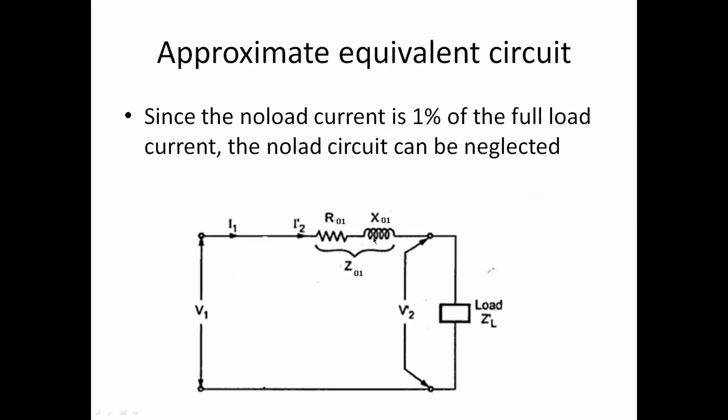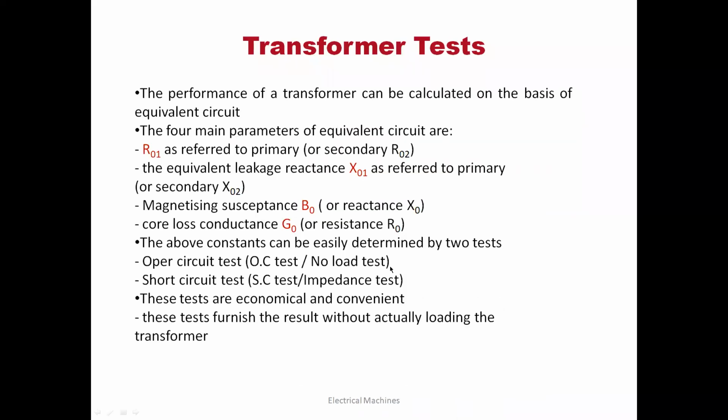Then, approximate equivalent circuit. What tests do we do to calculate the performance of the transformer on the basis of the equivalent circuit? First we measure the winding resistance, then we do the open circuit test. From the open circuit test or no load test, we calculate the magnetizing branch component and core loss.